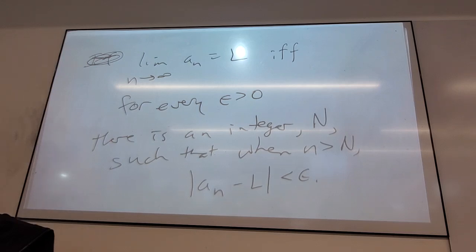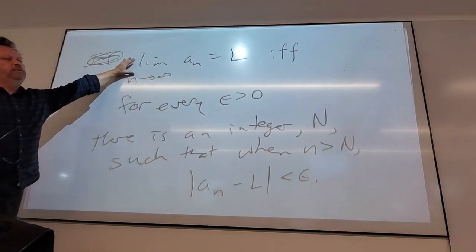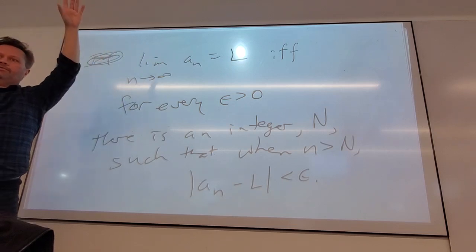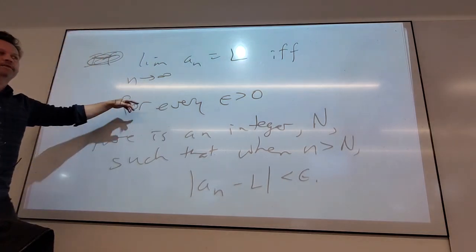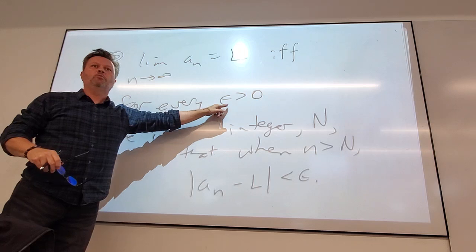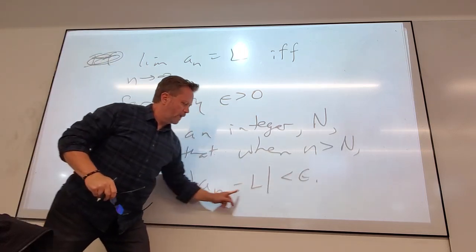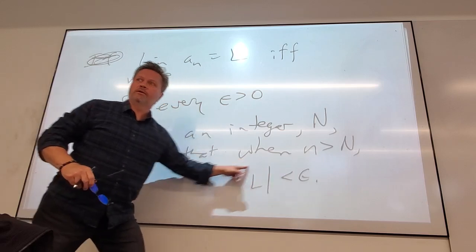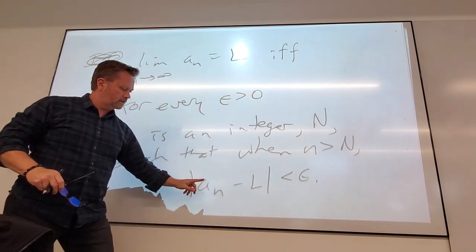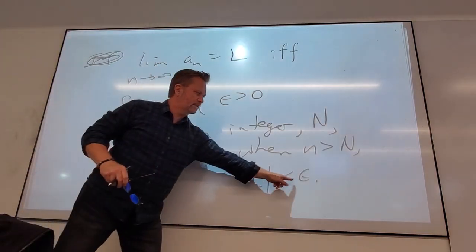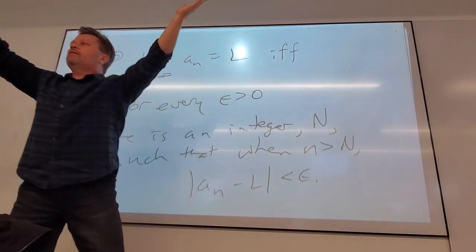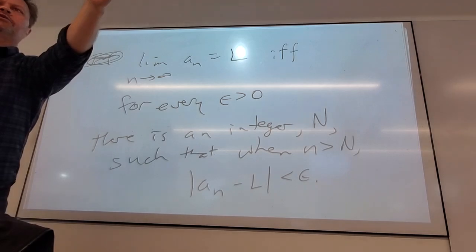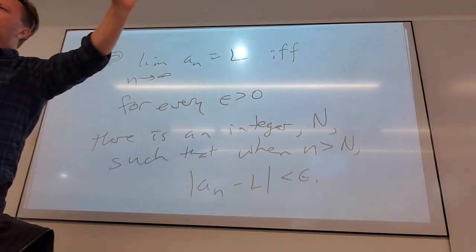You guys ready? We think the limit is L, like we thought the limit was 2 with that 2 minus 1 over n. Somebody came along and said, oh yeah? Well, I want you to be 1/10 away from the limit. That's what this says down here. The distance between the sequence and the limit is less than, in this case, 1/10, 100th. So the epsilon is the challenge somebody gives me. Oh, you think your limit is 2?